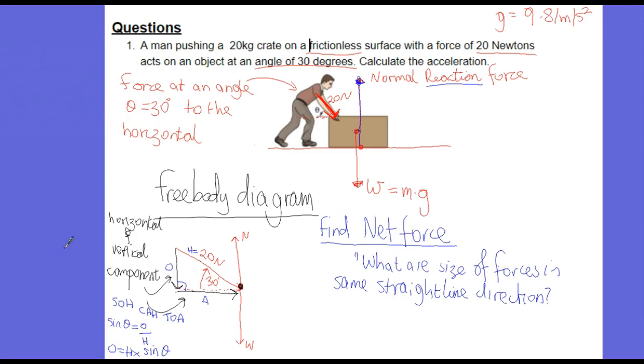Now, what would be an equivalent calculation to work out the adjacent side of the triangle, or the horizontal component of the force? 20 times sine for the adjacent side? Which trig ratio relates to the adjacent side of the triangle?